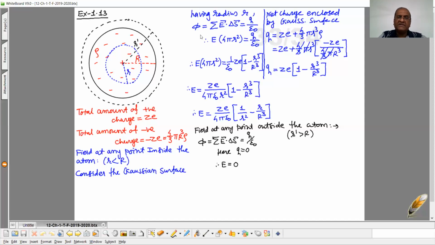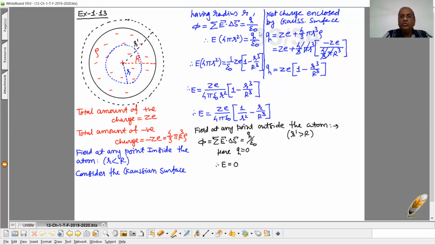The flux passing through that spherical Gaussian surface, sigma E dot delta S, equals Q upon epsilon 0. Now the electric field E will be the same at each and every point on the Gaussian surface as per spherical symmetry.